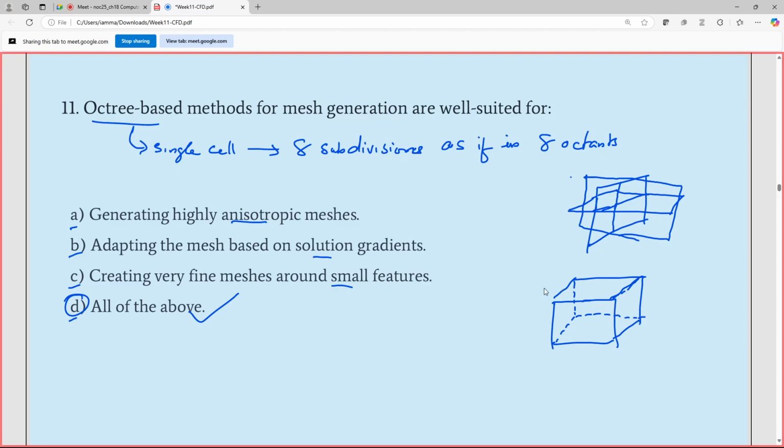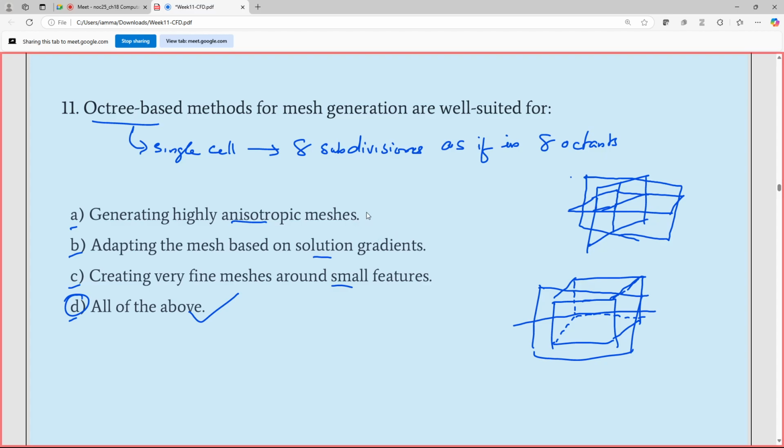If we are cutting it in this way, and also this way, so that it is cut at the middle, horizontally and vertically, then this will create 8 small cells, that is octants. Such a kind of method is called an octree based method.